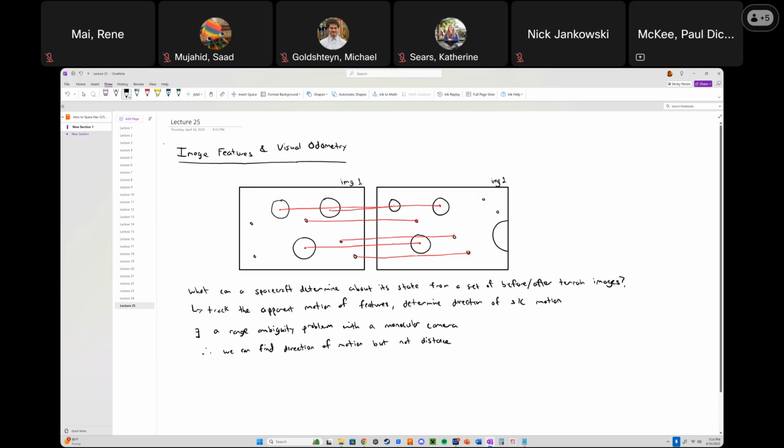And so in order to do this, we will need number one, a method of detecting and matching robust image features.